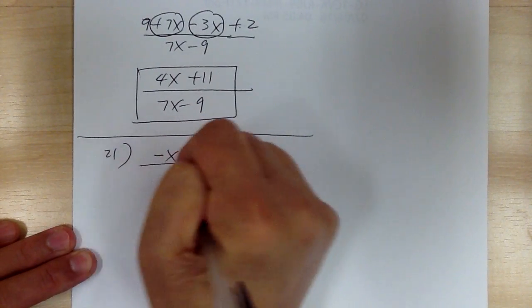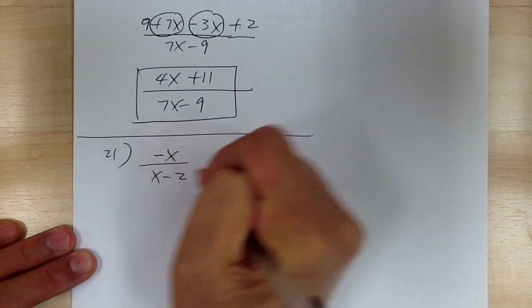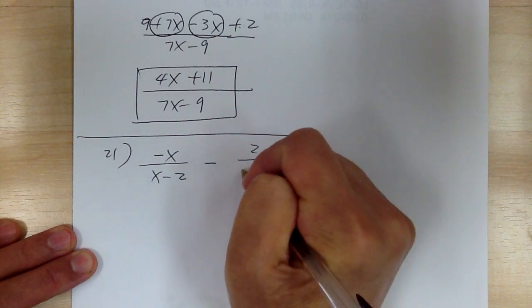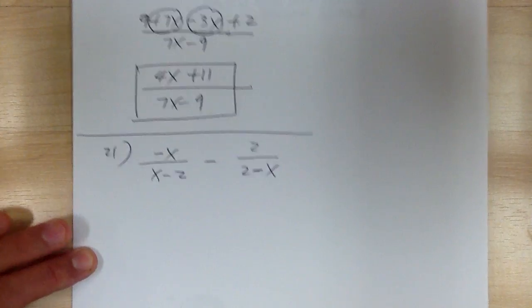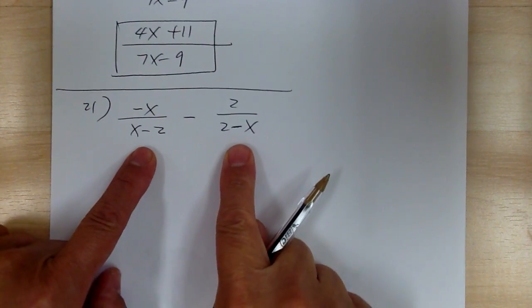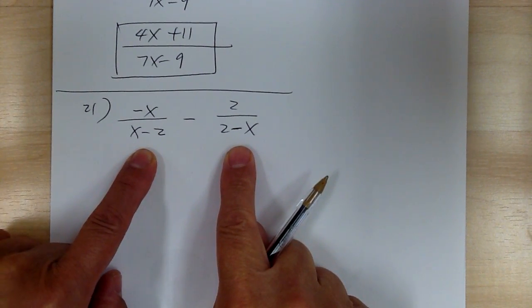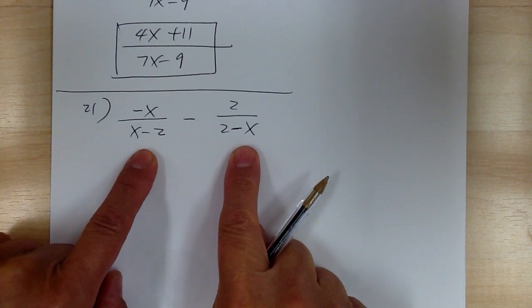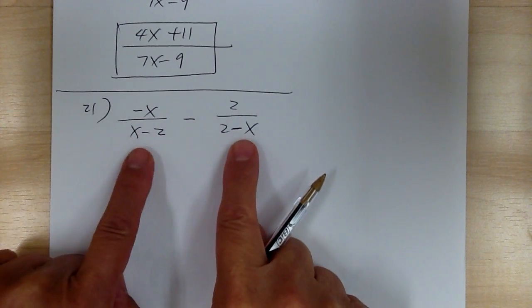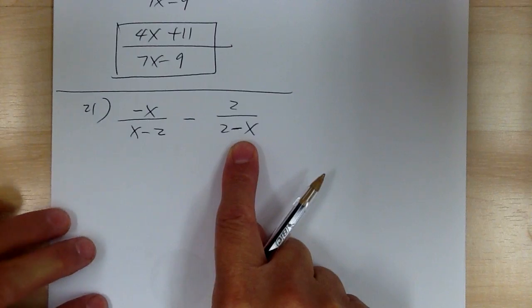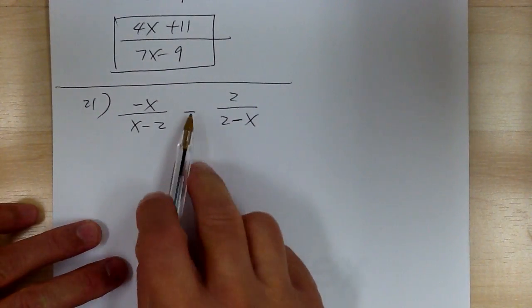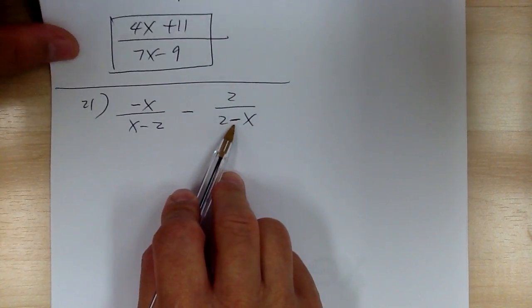You have negative x over x minus 2 minus 2 over 2 minus x. So notice right now the denominators are different. So you need to make them the same first. So to make them the same, notice these are the reverse of each other. So again, we noticed before, you need to use a negative to switch the subtraction.